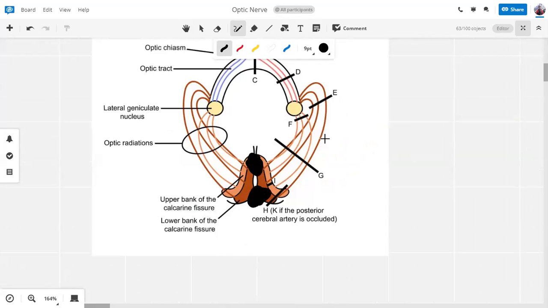इसमें the reason for sparing की reason ये है कि macular fibers end up at the posterior part, the posteriormost part of the occipital cortex, whereas the other fibers which supply the temporal and nasal fields of one side are present more anteriorly.